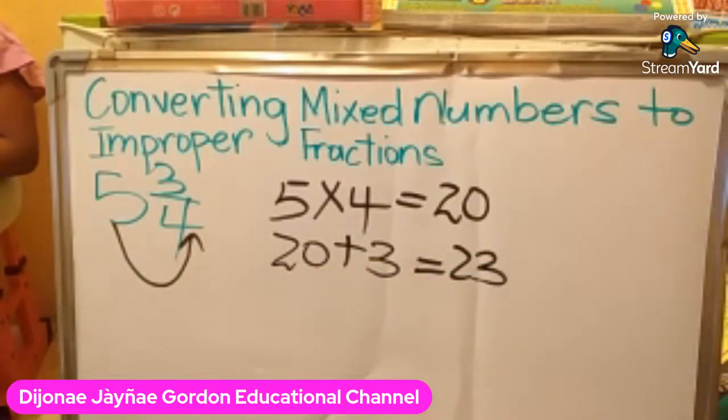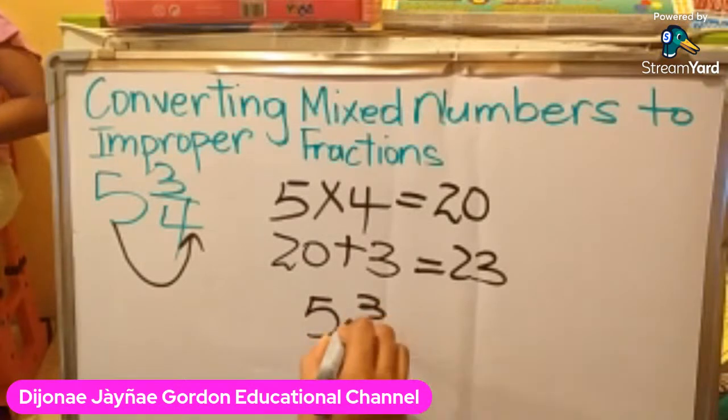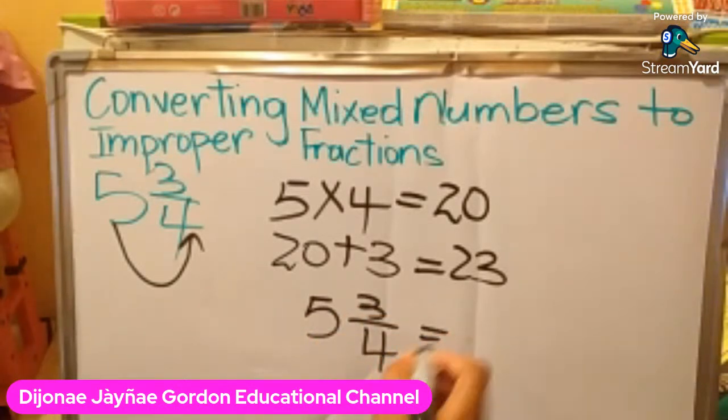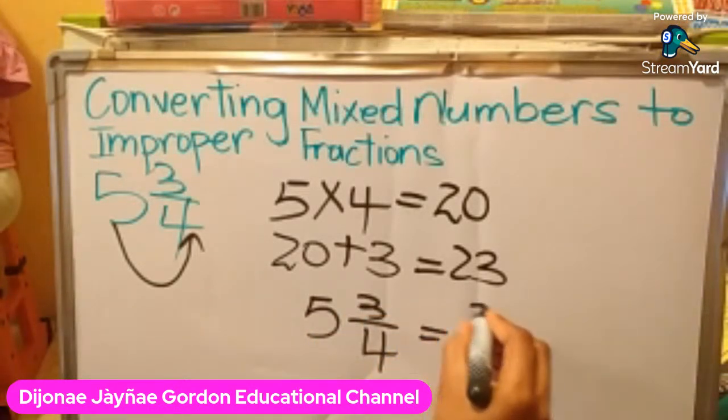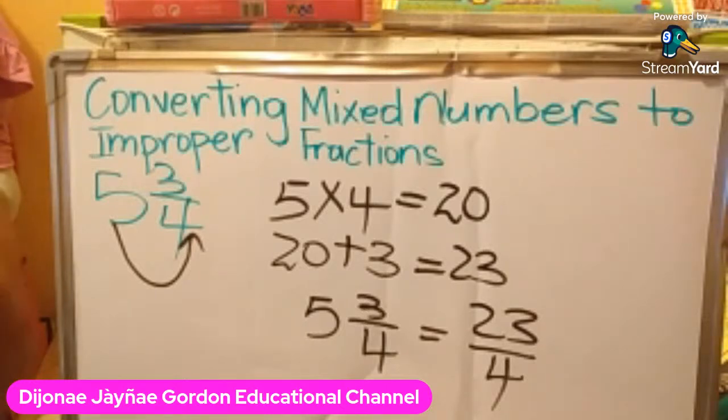So now your answer would be 5 and 3 over 4 is equal to 23 over 4. So 23 over 4 is now an improper fraction.